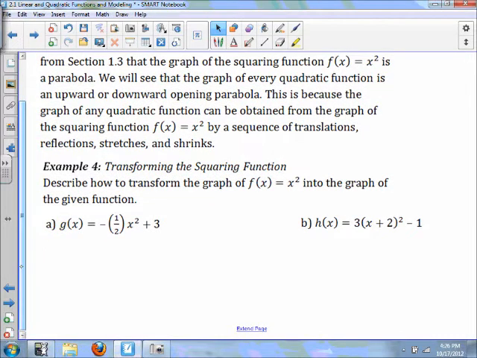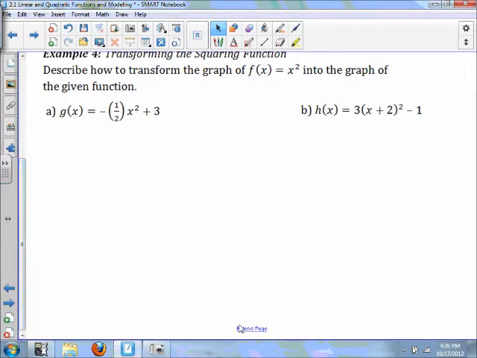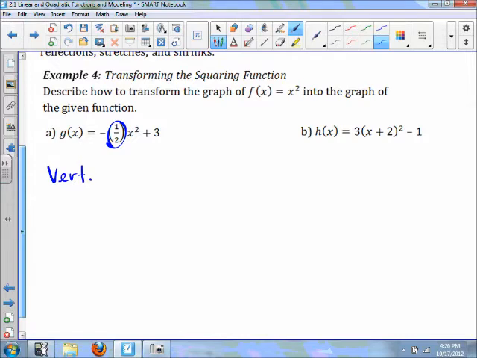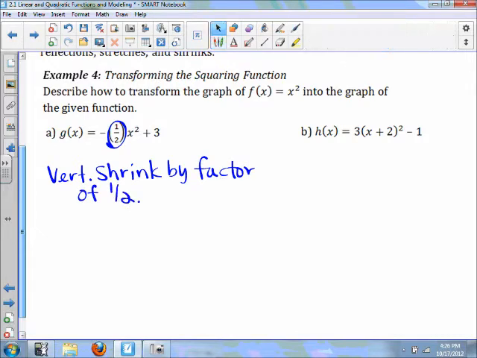Now, if we look at example 4, describe how to transform the graph of y equals x squared into the graph of the given function. Well, we should see that the positive 1/2 is a vertical shrink by a factor of 1/2.